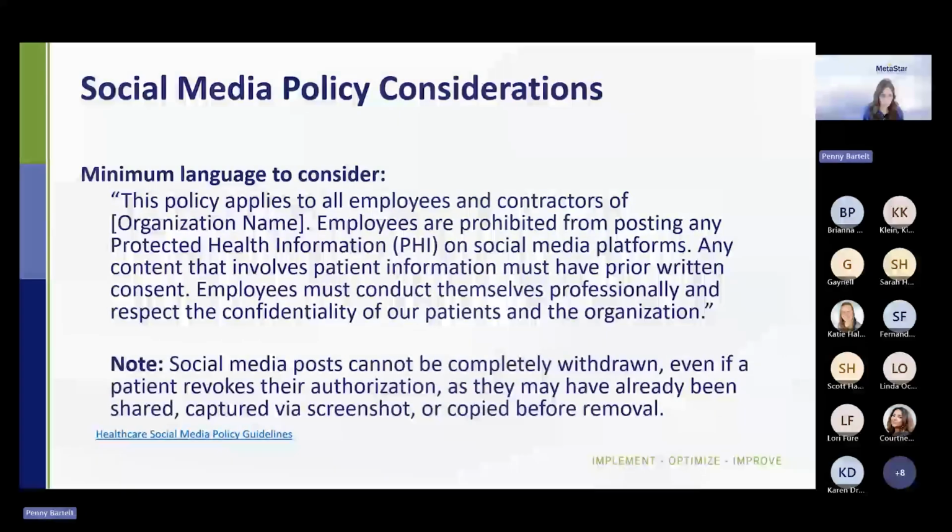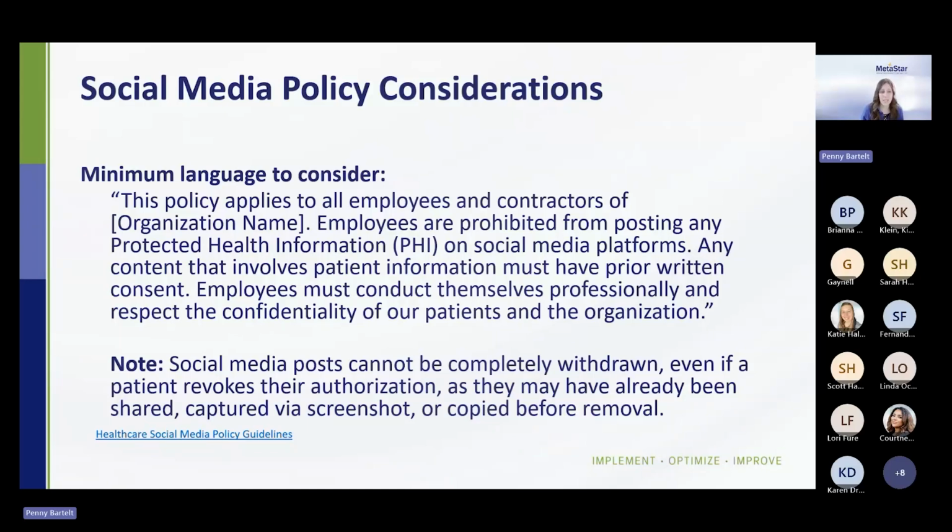But here's some minimum language to consider: employees are prohibited from posting any protected health information on social media platforms. Any content that involves patient information must have prior written consent. Employees must conduct themselves professionally and respect the confidentiality of our patients and the organization. It's really important to note that even with a consent, social media posts cannot be completely withdrawn.